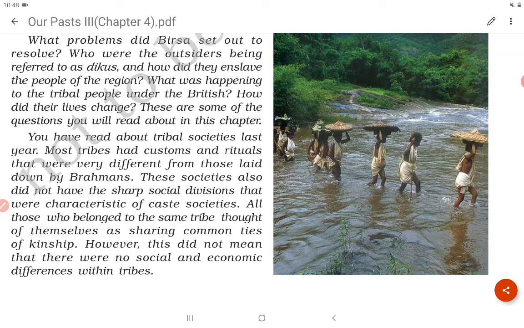All those who belonged to the same tribe thought of themselves as sharing common ties of kinship. However, this did not mean that there were no social and economic differences within tribes.